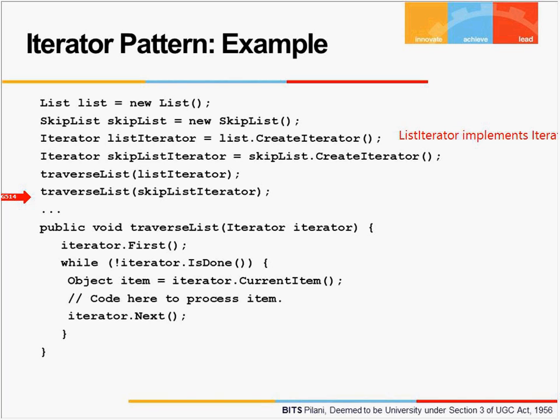You move the traversal aspect of the target object into a different iterator object, so that you can traverse that object the way you desire.